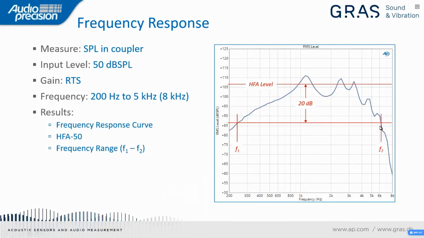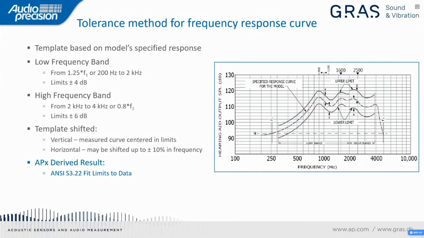Another important tolerance template that's used in both the ANSI standard and the 60118 Part 7. So this is based on the specified response curve for the model, and you construct limits that are in two frequency ranges.